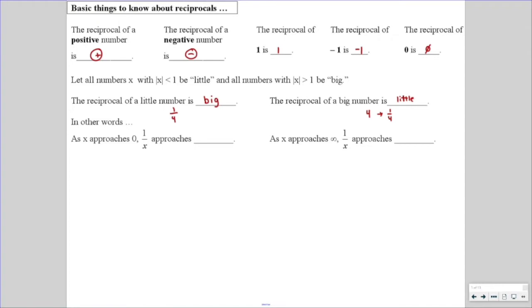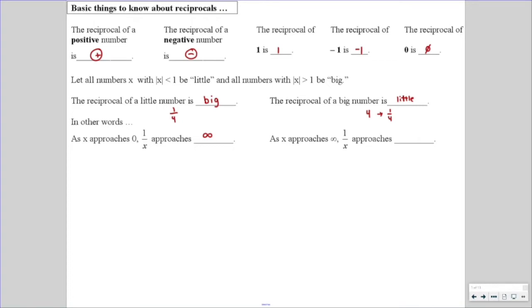It's also going to help us when we go to sketch the graphs of cosecant and secant. We think about the values of sine and cosine at those places. As x approaches 0, 1 over x is going to get bigger and bigger and bigger. So our function is going to approach infinity. And as x approaches infinity, 1 over x gets really, really small.